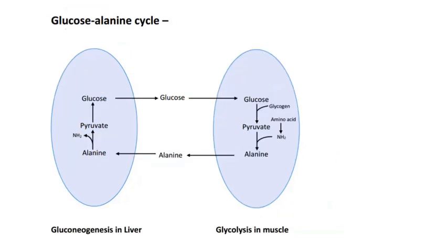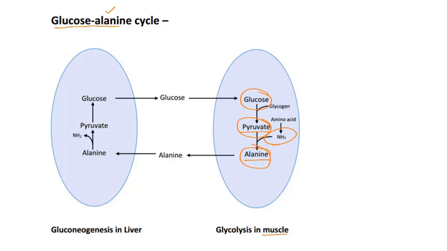Now we will have a discussion on glucose-alanine cycle. Here alanine is an amino acid. This alanine can be produced in muscle. In muscle, glucose produces pyruvate. In transamination process, pyruvate produces alanine by binding with amino group.